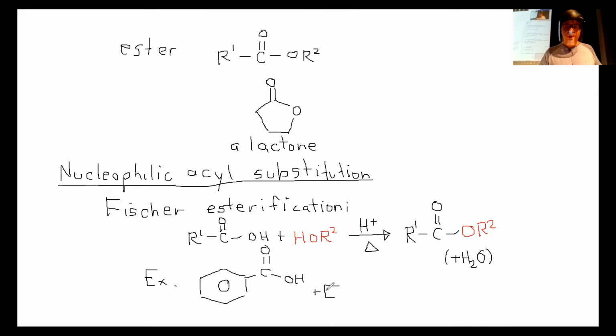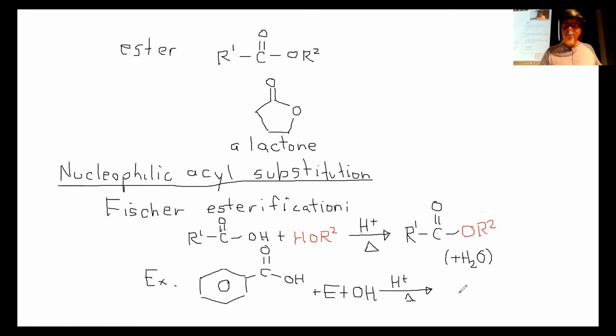Can I go EtOH for ethanol? That's fine, right? If you don't like Et and you want something a little shorter than CH3CH2, you can also put C2H5. That's fine, because C2H5 is unambiguous. There's only one way to put together 2 carbons and 5 hydrogens. So either way is fine. And let's say we then added our acid catalyst and we heated this.